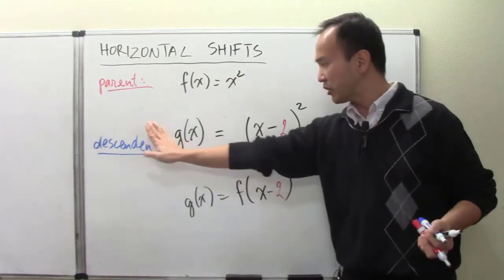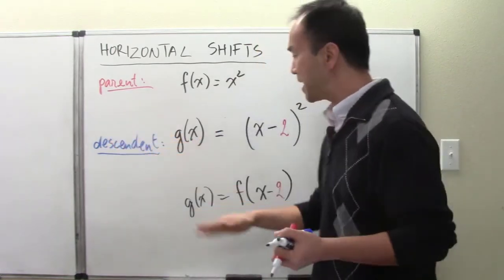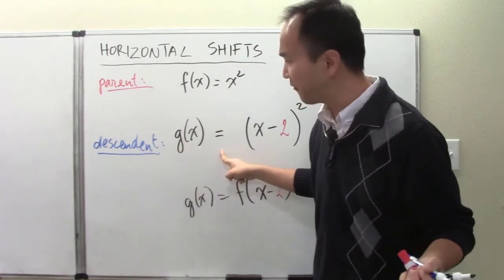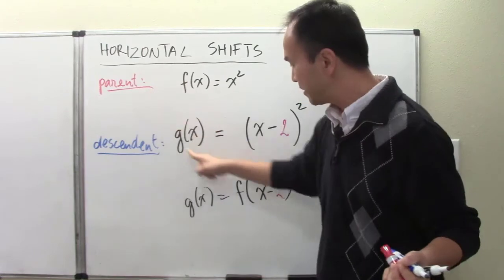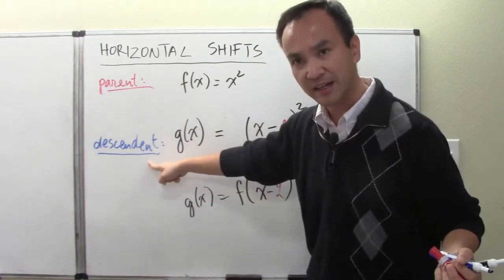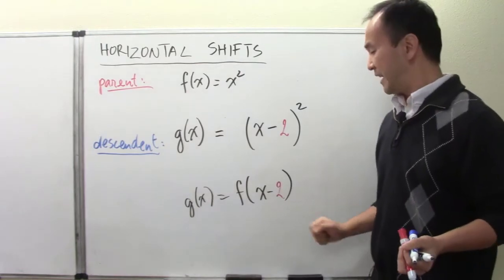So here we start out with a function that we may not know for sure is a descendant of a parent function or not. But after some consideration, we're more firm that it should be a descendant function. And then we can confirm.